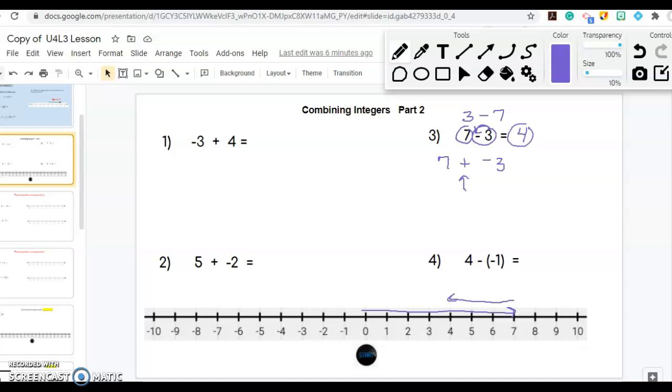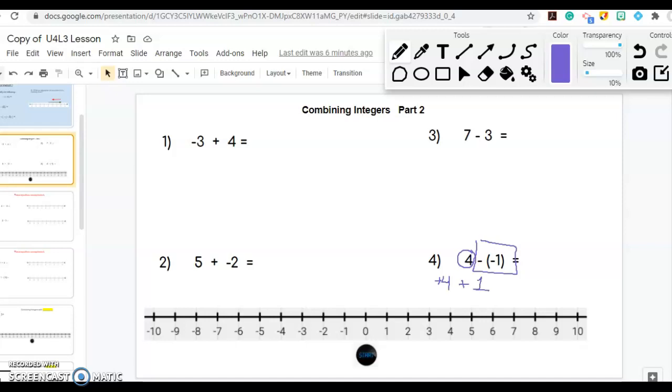Let's try the next one. Here, our first move is in the positive direction 4. Now, we don't have a followed by sign here, so let's put that in. Now, if we think back to lesson 1, we know that the opposite of -1 is +1.